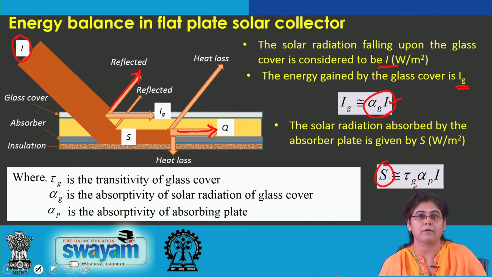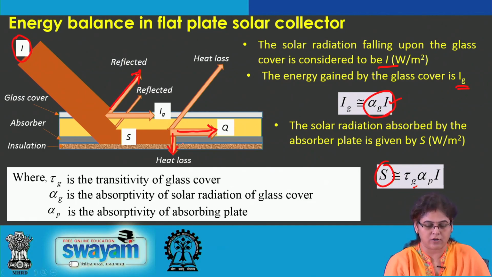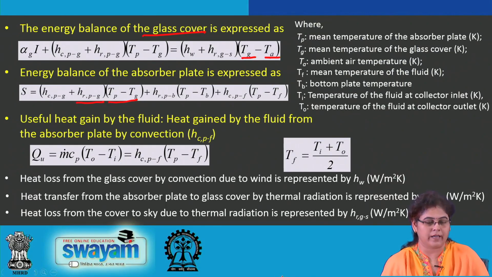Because this is the bottom plate, and I have mentioned there is heat loss to the bottom, this can be represented in the energy balance equation for the absorber plate, where HRPB represents the convective heat transfer coefficient between the plate and the bottom plate.